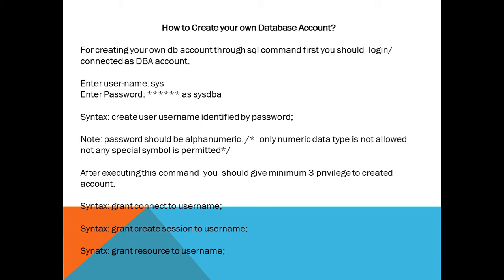Just enter the name of your database administrator account. By default, it is sys, and enter the password. Enter the password you set for the administrative account and type as sysdba. For example, if the password is apple, then apple as sysdba. After this, you are connected as a database administrator.